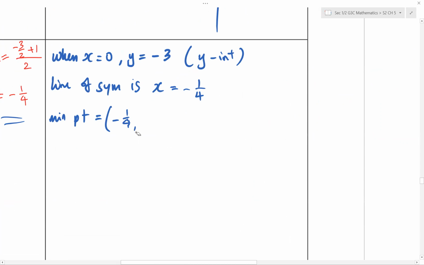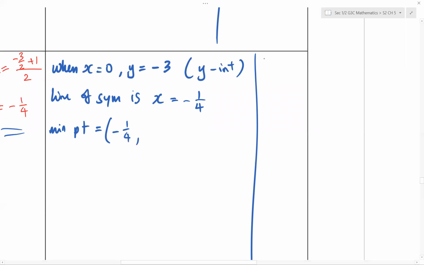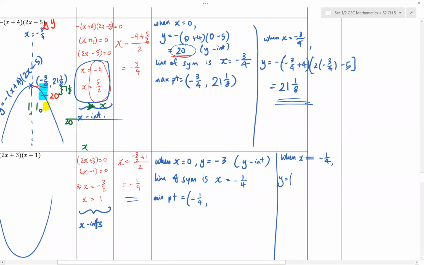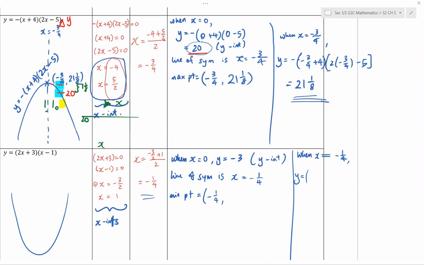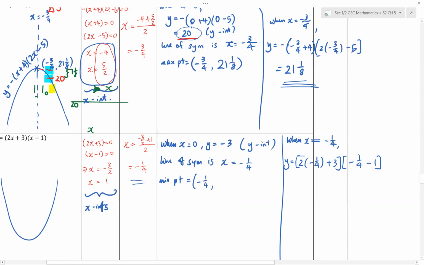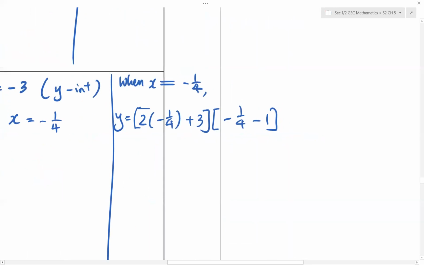But we need the y coordinate. So in a separate working, when x equals -1/4, what is our y value? It says 2 times x, so 2 times -1/4 plus 3. That's the first half. And we have x minus 1, so -1/4 minus 1. I am trying to find the y coordinate of the turning point.